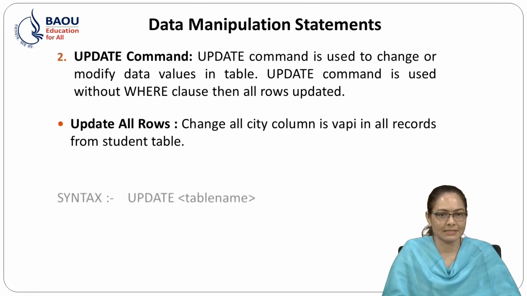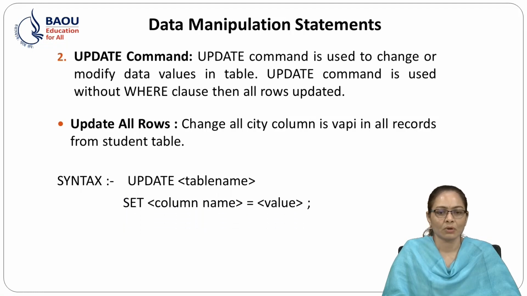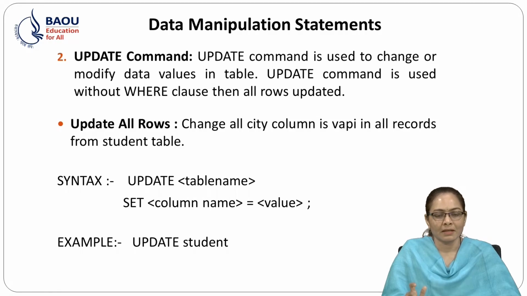So the syntax is update, then table name, then set column name is equal to value. Here, remember this syntax: first of all, update table name, like update student and then set city is equal to Vapi.